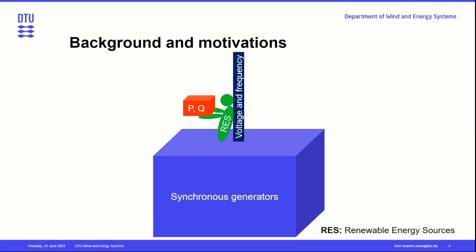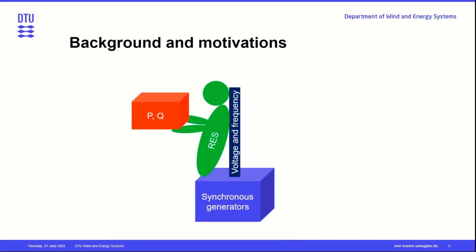If the share of renewable energy sources increases, and on the other hand, some of the synchronous generators phase out from the system, it means that the foundation of this voltage and frequency is becoming smaller, and on the other side, the size of the renewable energy sources like wind turbines is getting bigger.